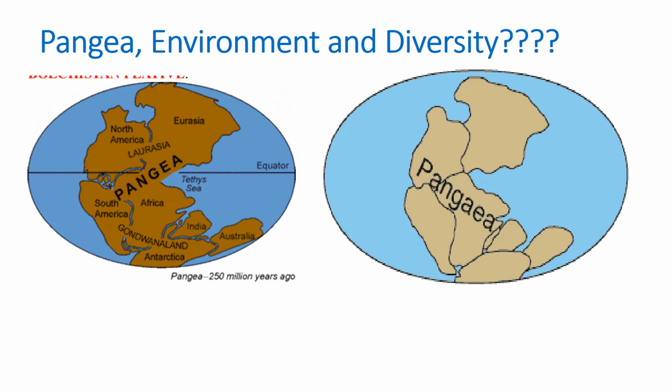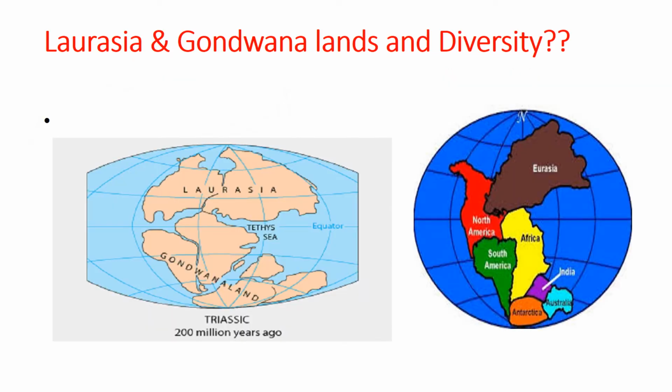And later on, Pangaea converted into two lands. Eurasia and North America, these both lands were actually Laurasia.